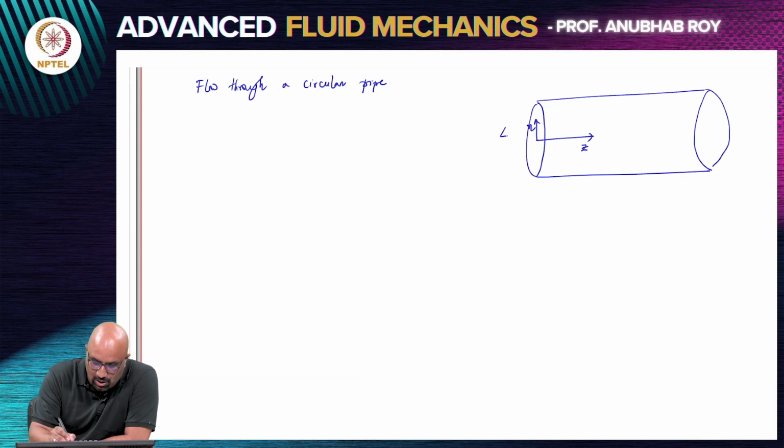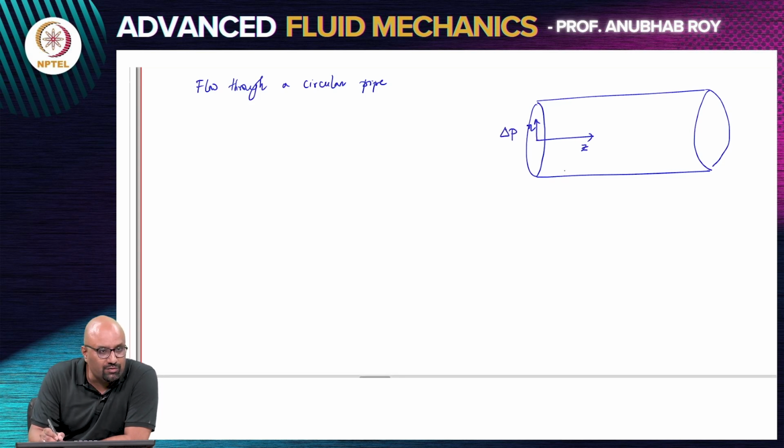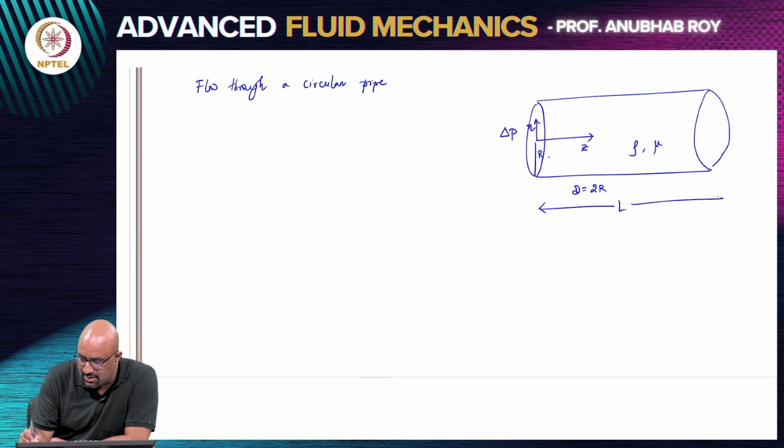So there is a pressure drop that is applied, and you want to find out what will be the velocity profile due to this imposed pressure drop. The pipe has a radius capital R or diameter, which is twice times R. The fluid obviously has the characteristic properties of density rho and mu, and the length over which we are interested in the pressure drop is given by L.